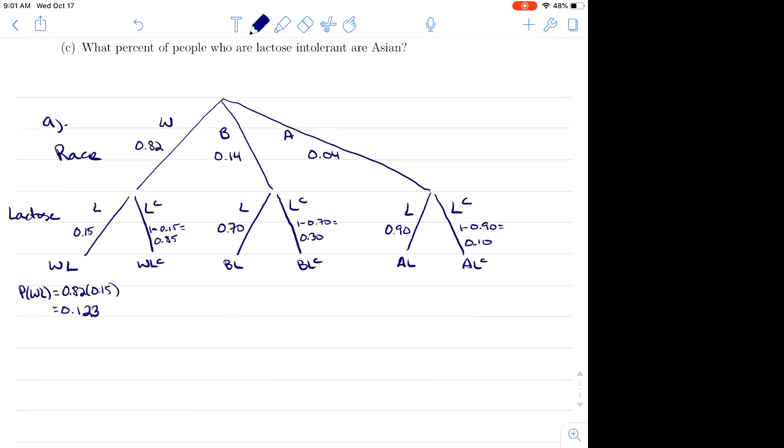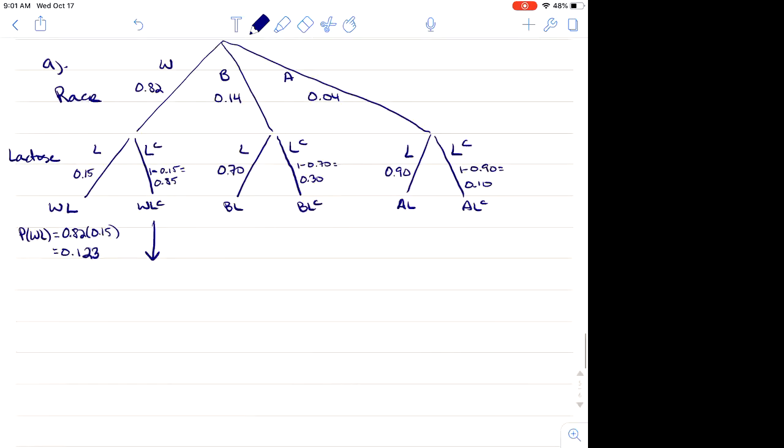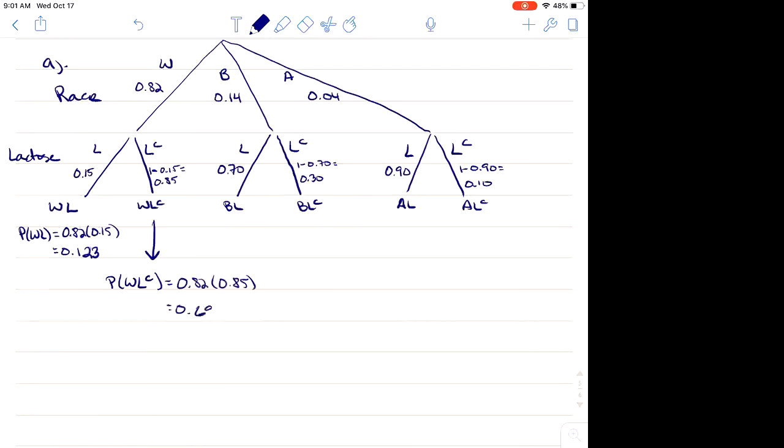Then we can go to the probability of W and not L, which is 0.82 times 0.85, 0.697. Probability of BL is 0.14 times 0.70. Right, I'm just multiplying down these branches. 0.14 times 0.7, 0.098.